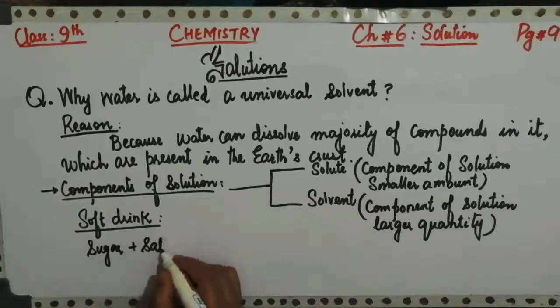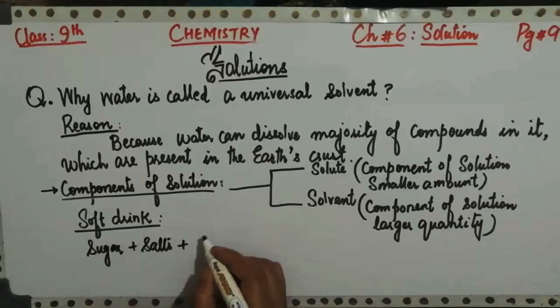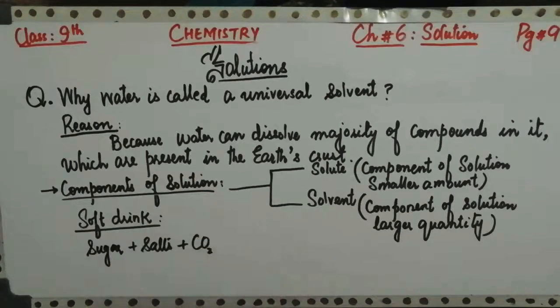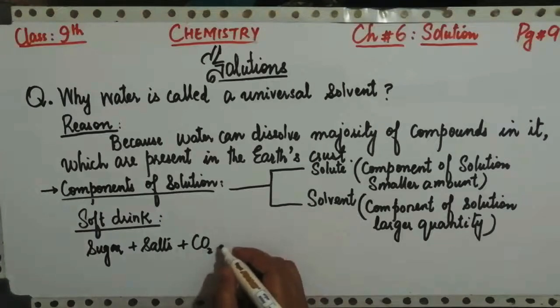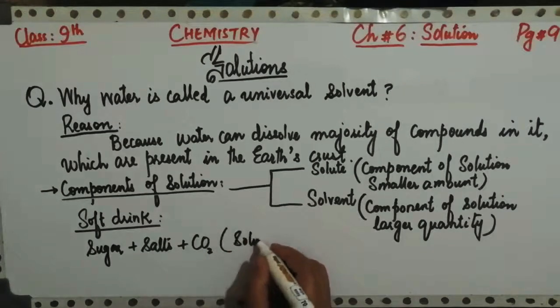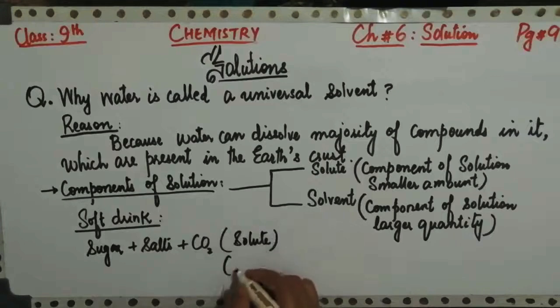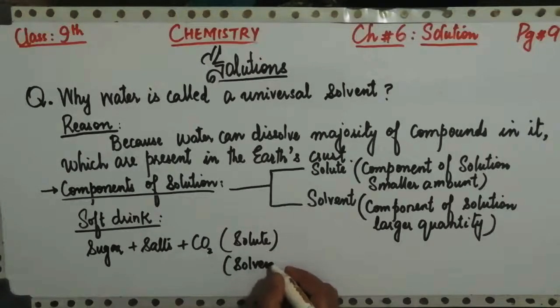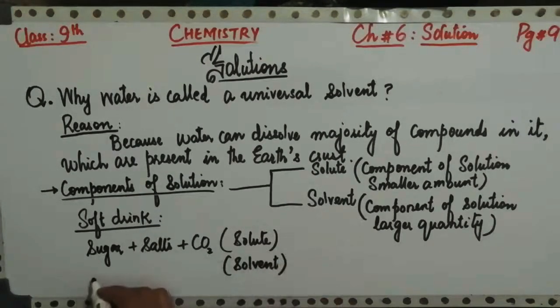salts, and carbon dioxide is also filled under pressure inside the bottle to preserve the taste of your drink as well. So these are all solutes, and the one solvent in which all these substances are dissolved is basically water.